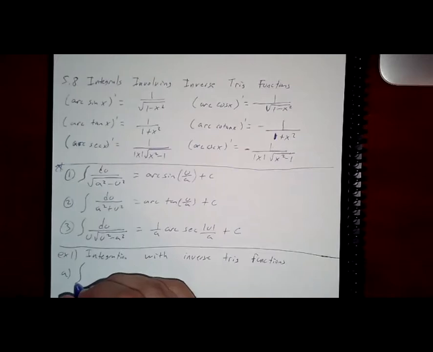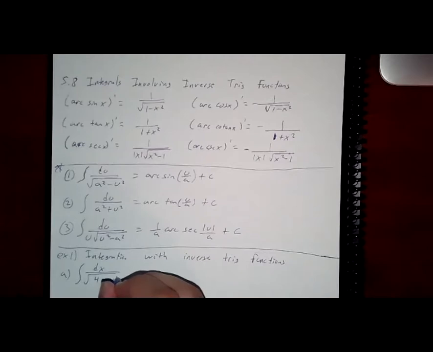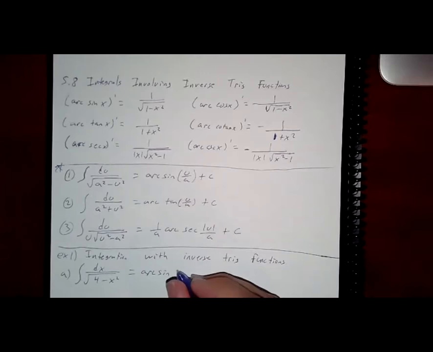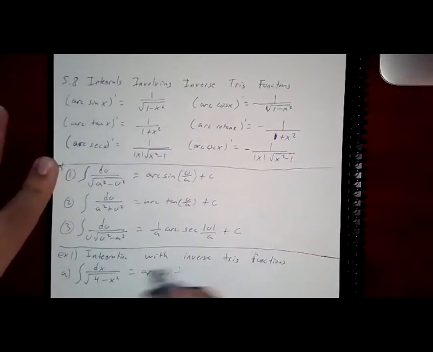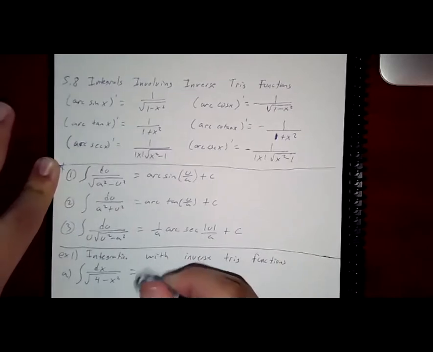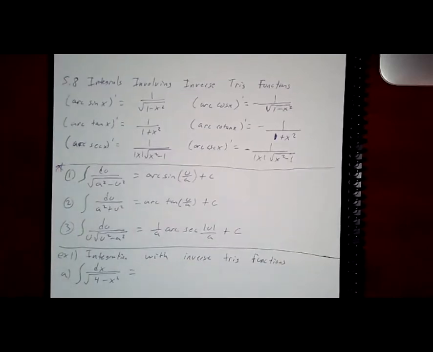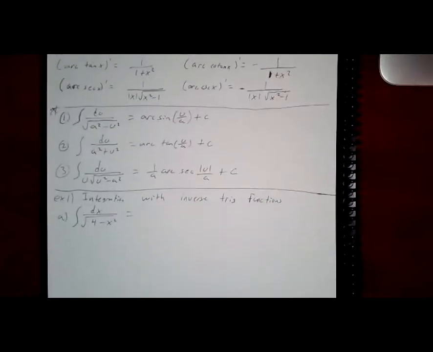So the integration of dx over the square root of 4 minus x squared is equal to arc sine of x over, oh, sorry, we've got to figure it out. All right. So I gave it away a little bit. It's supposed to be arc sine, but how do we get there, right?